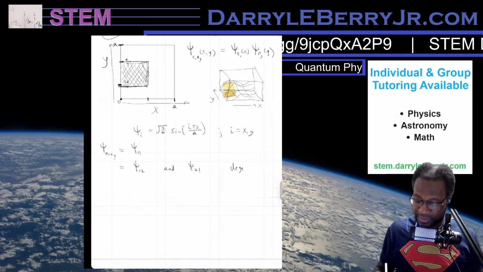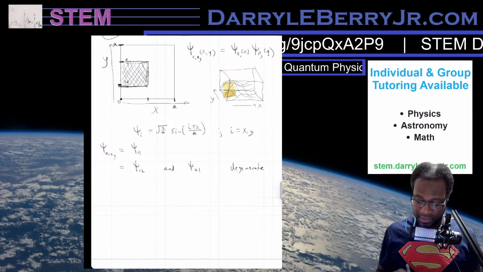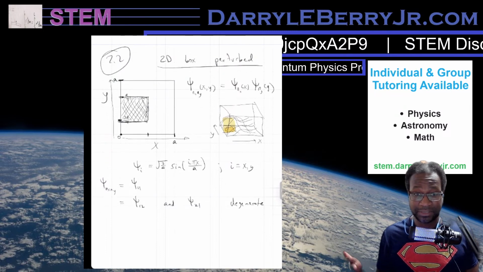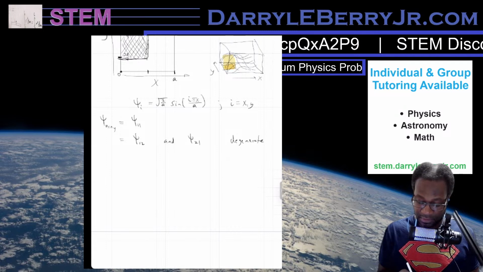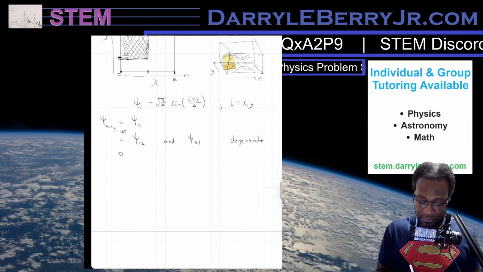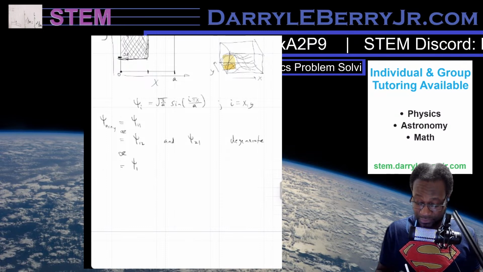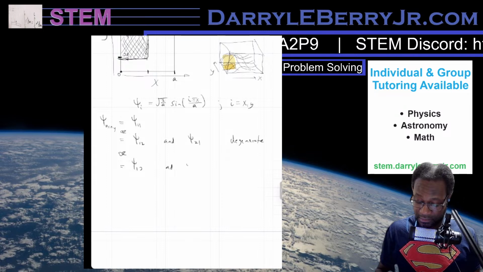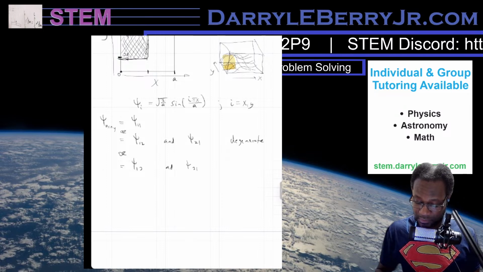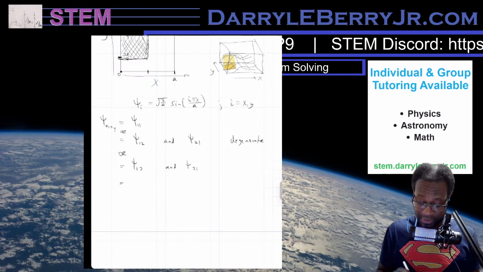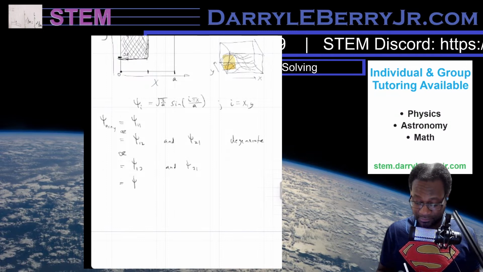These are called degenerate states because, being that it's a balanced two-dimensional box, the wave functions are the same and they will have the same energy. Or we can have psi 1,3 and psi 3,1, which also are degenerate, and so on and so forth.